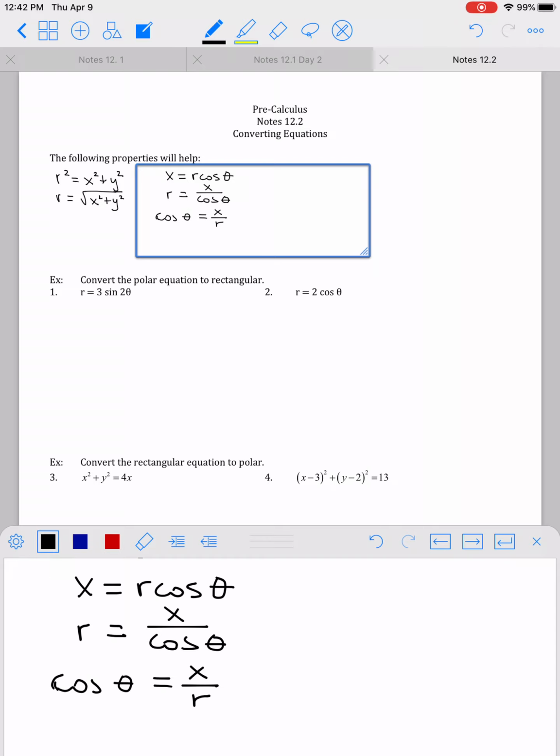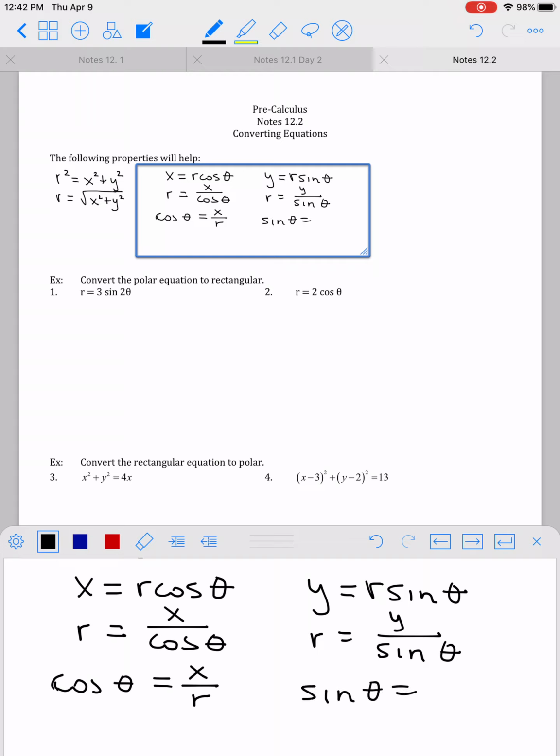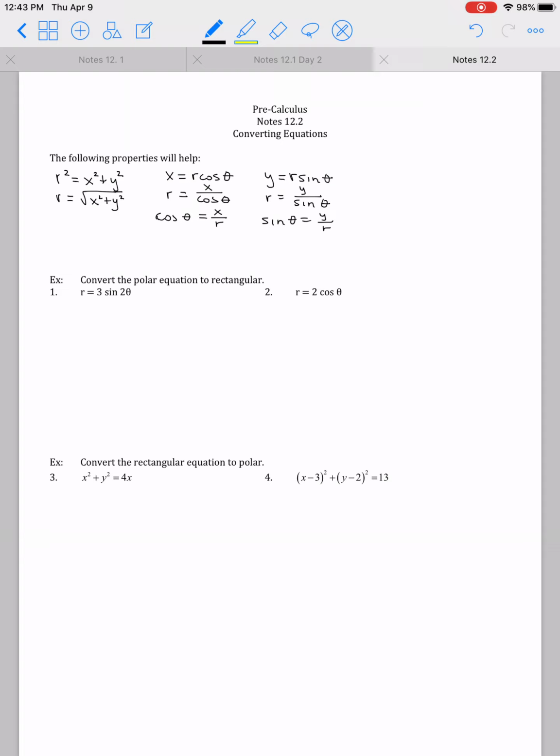And same thing with y equals r sine theta, and then r is equal to y over sine theta, and sine theta is equal to y over r, and that's what we're used to as we did right triangle trig.